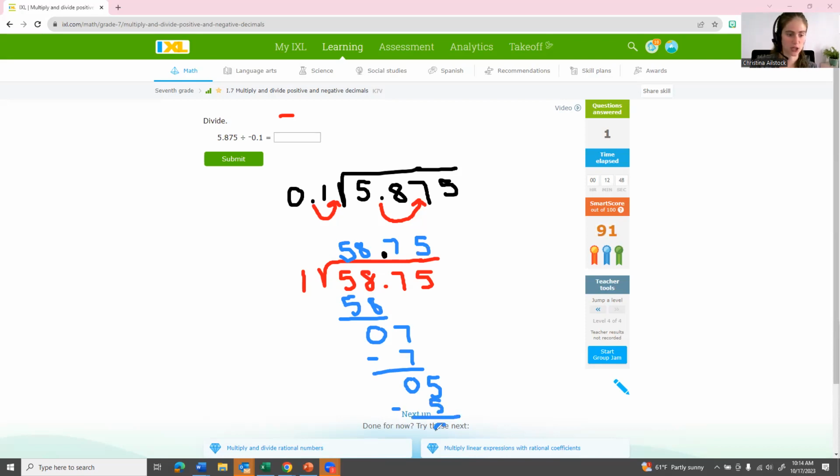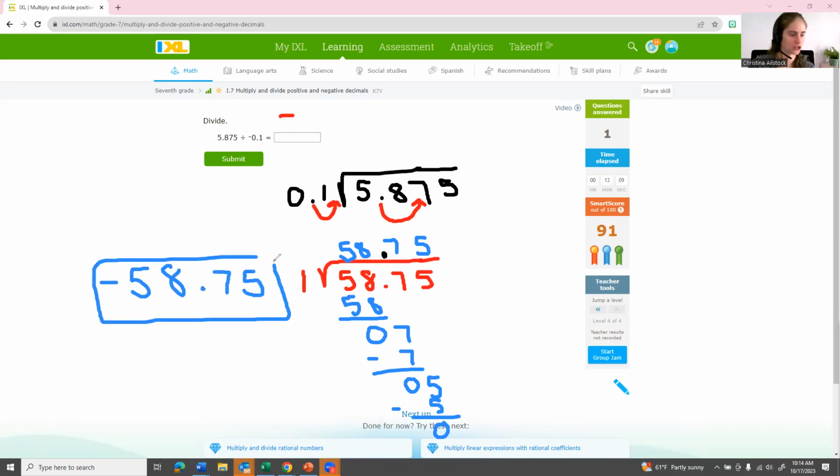And we have a remainder of 0 and no more numbers left. So this one, it was pretty easy to divide since we were just dividing by 1, but don't forget that negative. So our final answer would be negative 58 and 75 hundredths.